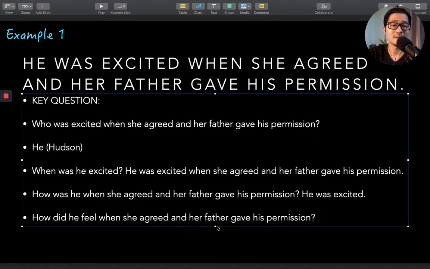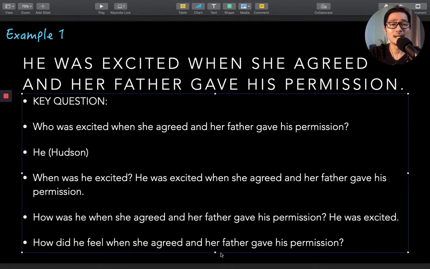Okay? But do this only when it's necessary. Because remember, what do we do this for? We're trying to practice manipulating the grammatical structure. So if you can, stay faithful to the grammatical structure.